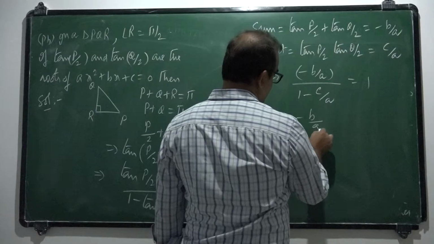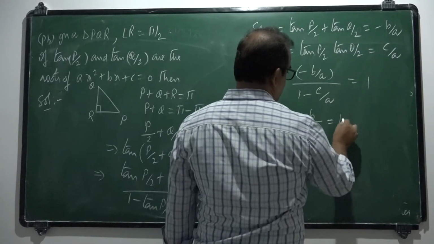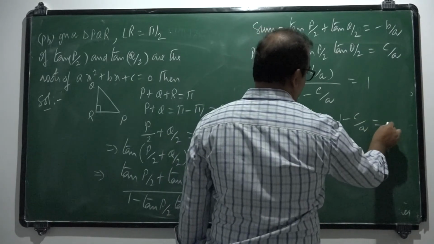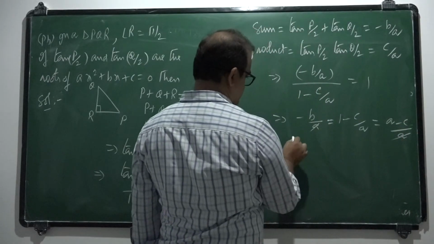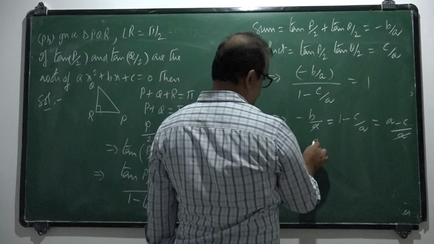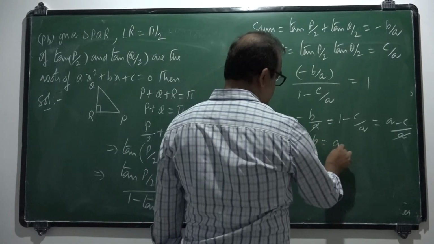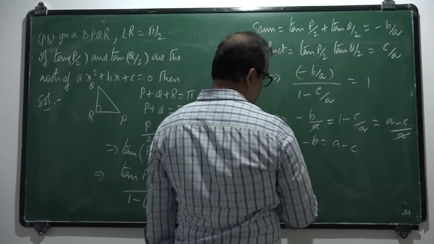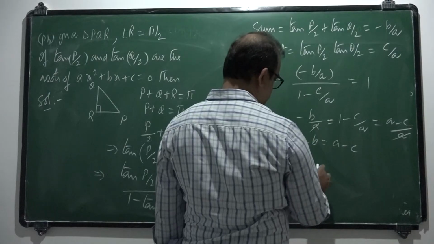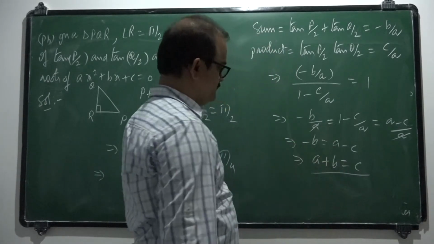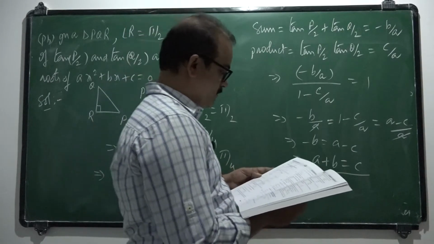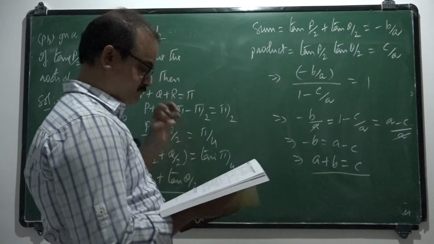Minus b by a is equal to, cross multiply, 1 minus c by a, or a minus c by a. c and a get cancelled. So minus b is equal to a minus c, or a plus b is equal to c. That is option 1.